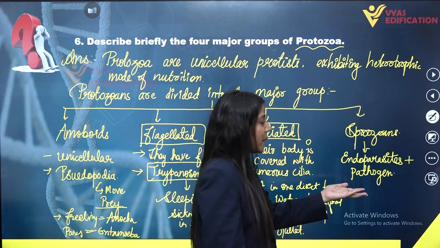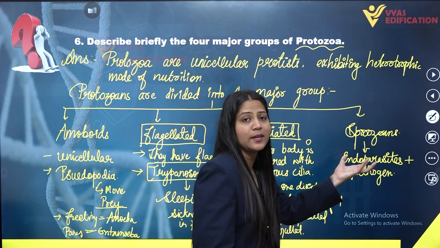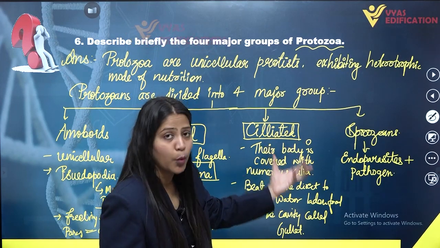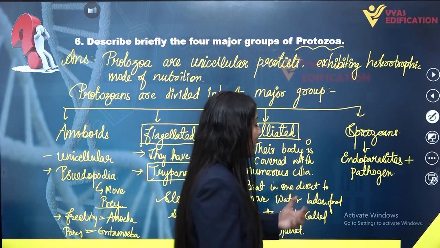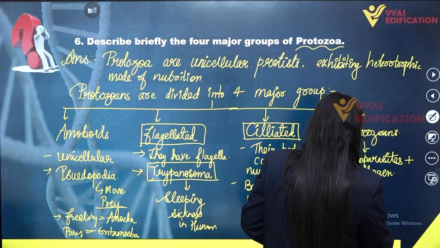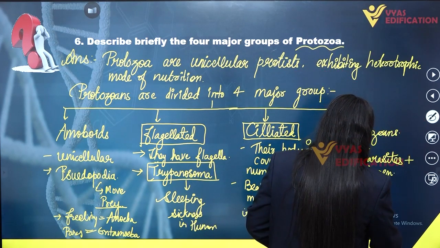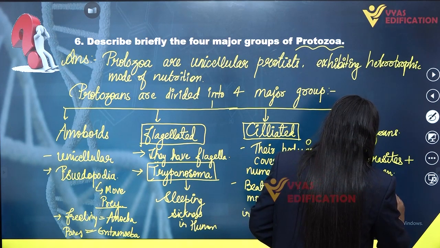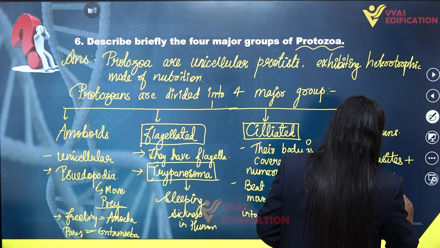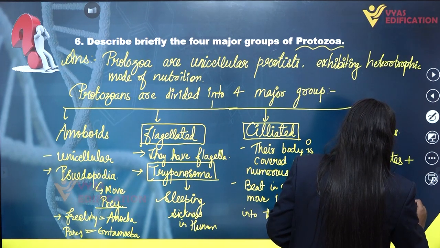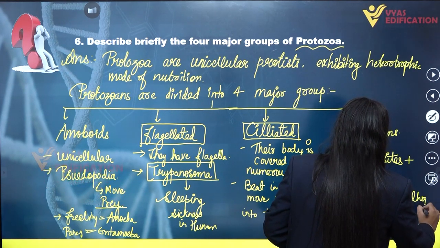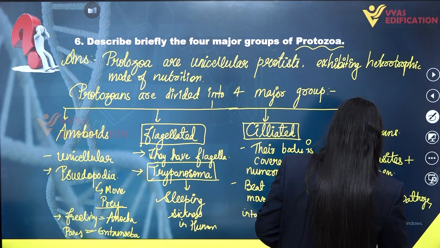So this last category of protozoan, that is sporozoans, includes all the endoparasites and pathogens. This also includes the malarial pathogen known as plasmodium.